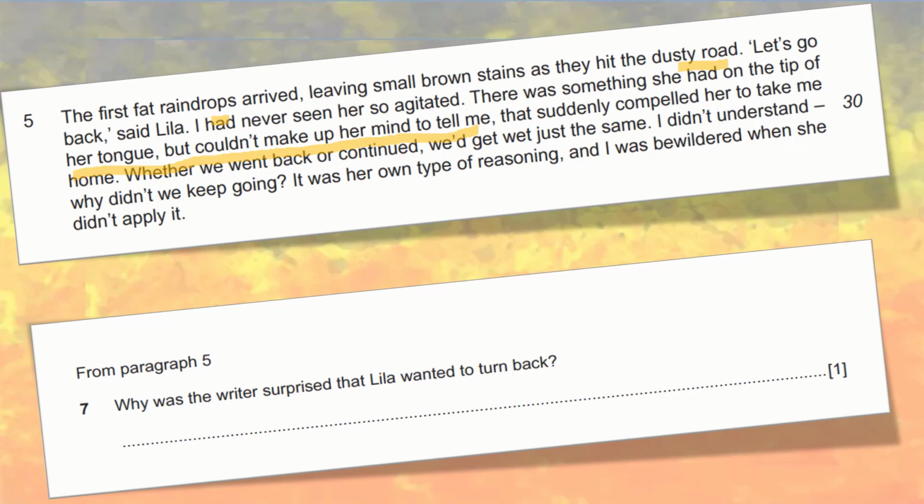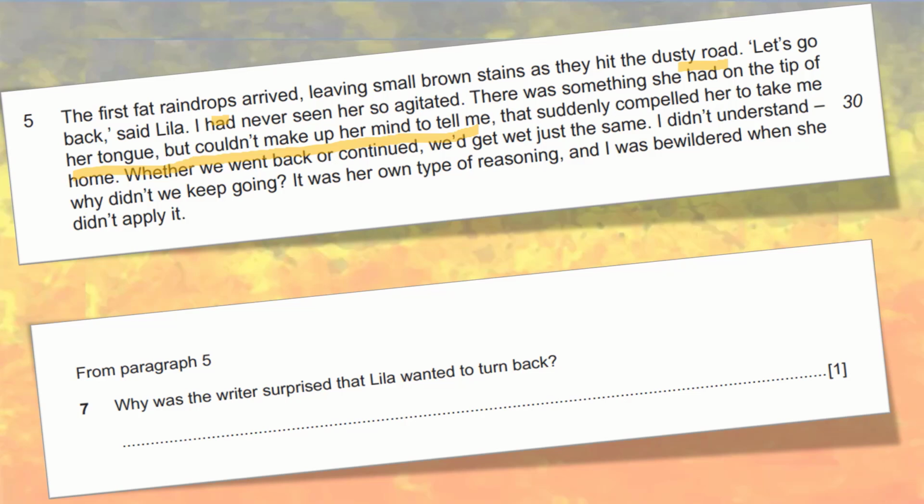"Whether we went back or continued, we would get wet just the same." That they would be getting wet, whether they go or not. "So I didn't understand why we didn't keep going." The writer is not sure why they are not continuing their plan to go there.